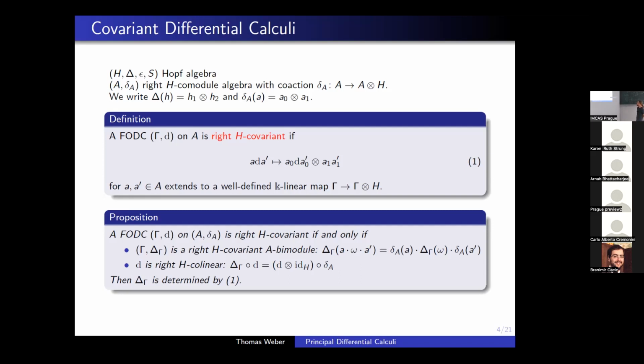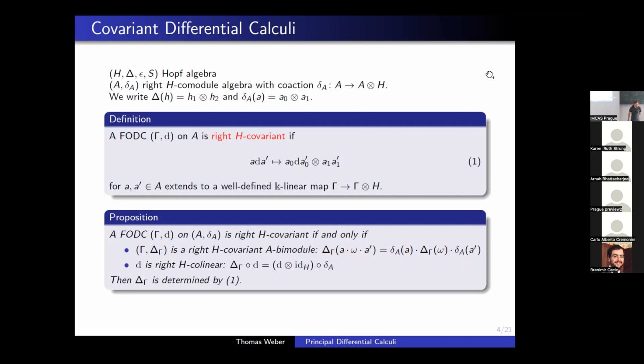Okay, so this is saying that you are having a right H covariant first order differential calculus if and only if those two things are valid, namely that you have a right H coaction on gamma that is compatible with the A bimodule action. So then this means that gamma is a right H covariant A bimodule, and this compatibility is written out here. This is this delta on the A acting on the left, A prime acting from the right is just this part here.